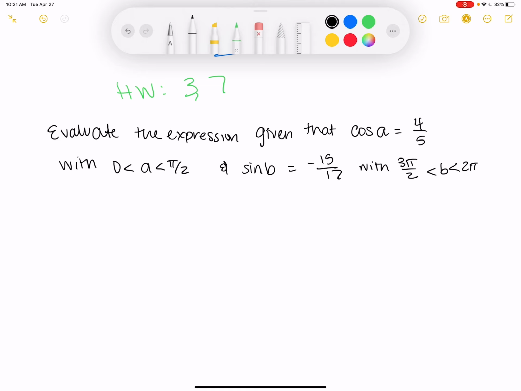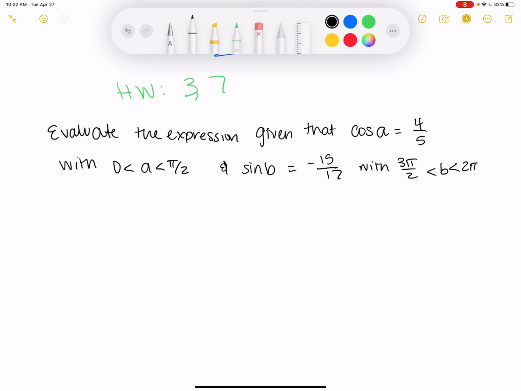Then I can find the tangent of B and the cosine of B, because right now I'm just given the sine of B. So I'm going to find all three trig functions for each of them, and then use that to plug them into the sum and difference formulas to solve it.